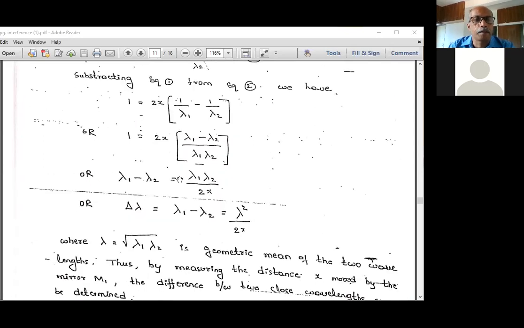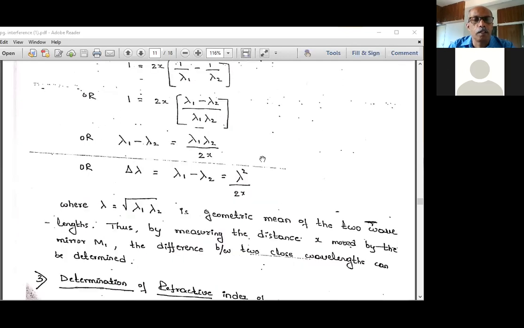Then we get 1 is equal to 2x into lambda 1 minus lambda 2 divided by lambda 1 lambda 2. This is lambda 2, this is lambda 1. Now, therefore, lambda 1 minus lambda 2 will be equal to lambda 1 lambda 2 divided by 2x.